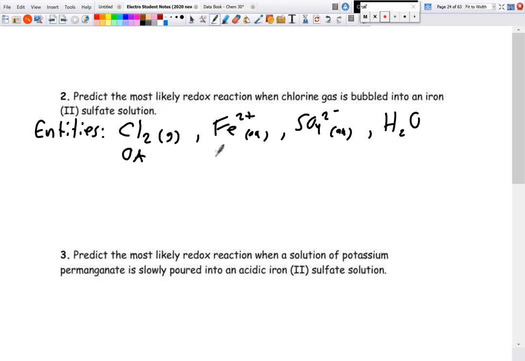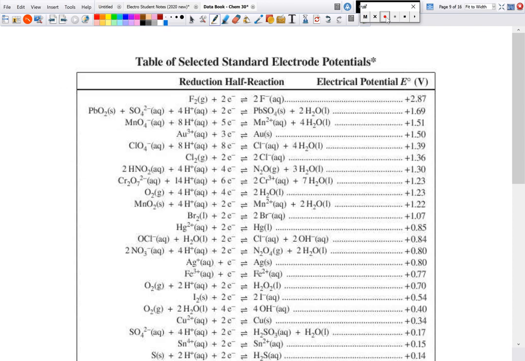Iron 2 plus is a reducing agent. SO4 2 minus pairs up with H2O to be an oxidizing agent, and water is a reducing agent and an oxidizing agent. Of course, when we find which one's strongest, I'll pull up the data booklet now and show you.